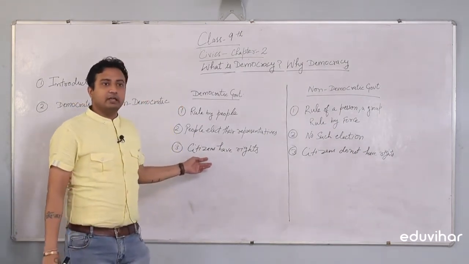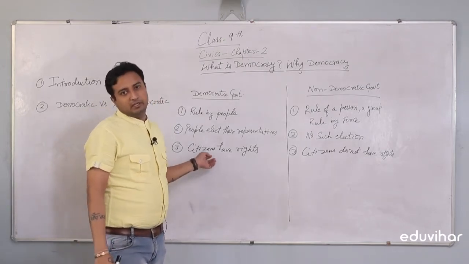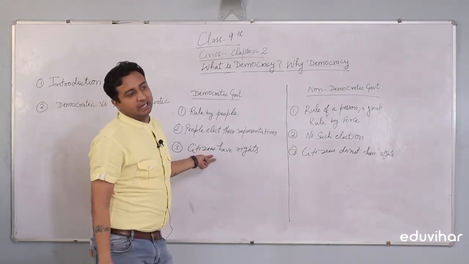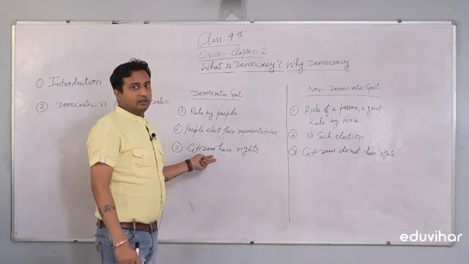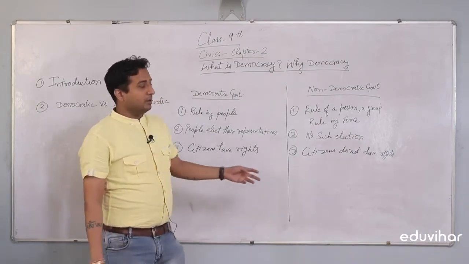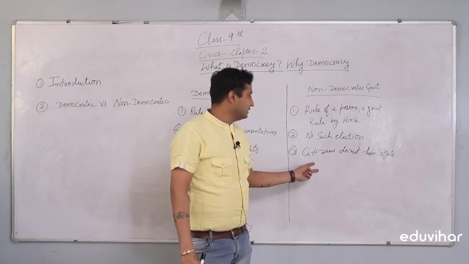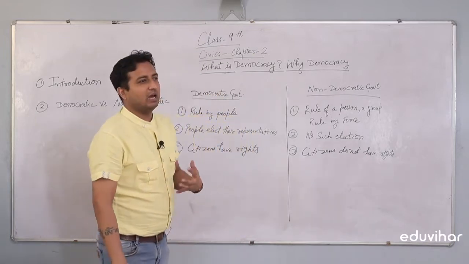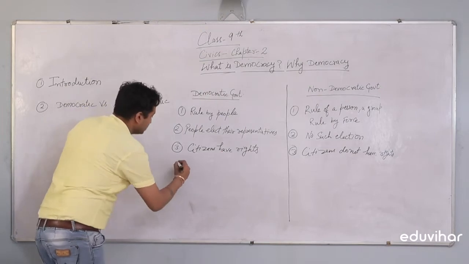Citizens do have certain rights which we call fundamental rights, which are given in our constitution. For example, in India, we have 6 fundamental rights written into the Indian constitution. But in non-democratic regimes, in non-democratic countries, citizens do not have any such right. They do not have any particular right over there.